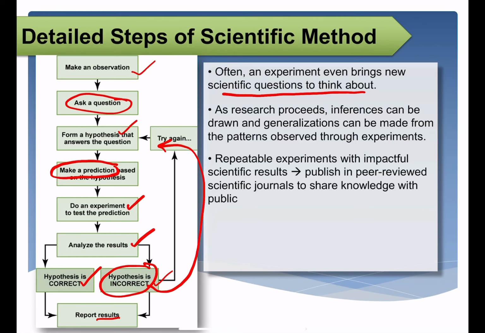Now, those repeatable experiments, okay, notice that it says repeatable experiments, meaning that you can get the same results multiple times over and over again, then they will become impactful scientific results that will be published in peer-reviewed scientific journals to share the knowledge with the public, okay?